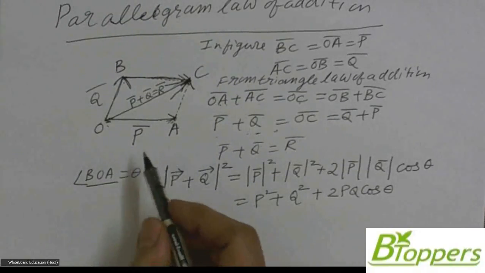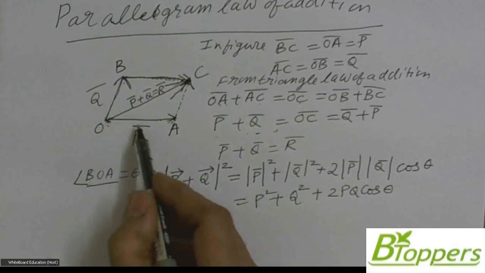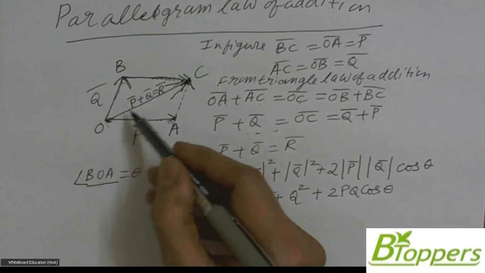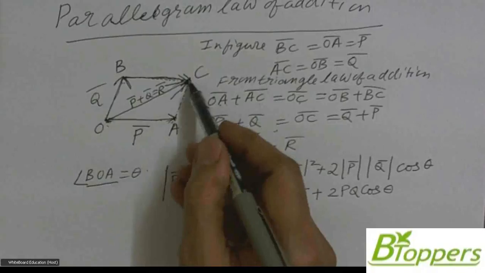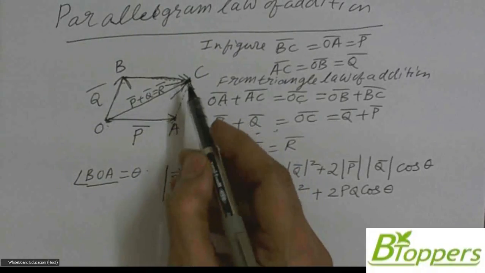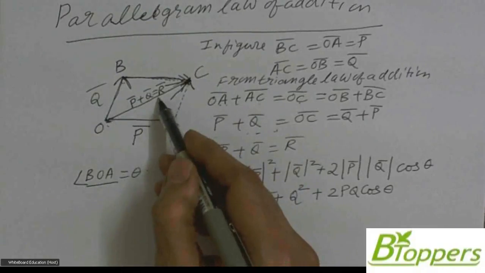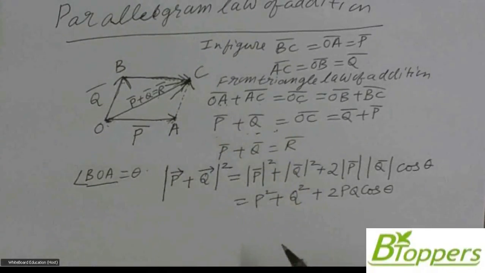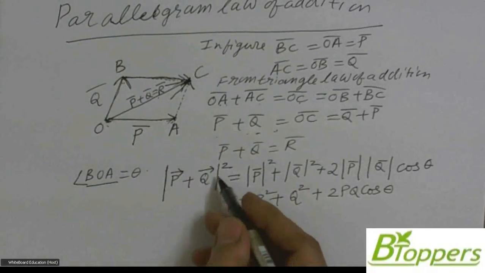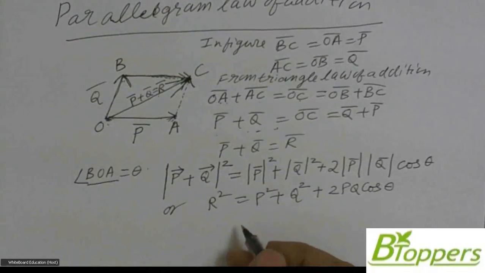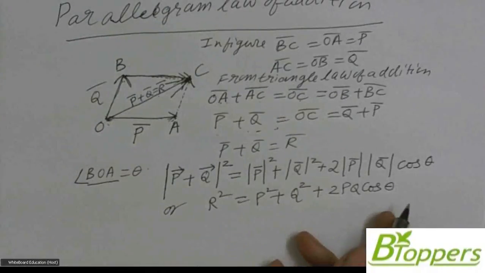The sum of two vectors is again a vector. The sum of the vectors P bar and Q bar is represented by the direct line segment OC bar, which we call resultant of the vectors P bar and Q bar, which is denoted by R bar in the figure. So the same result you can write as R square equal to P square plus Q square plus 2PQ cos theta.